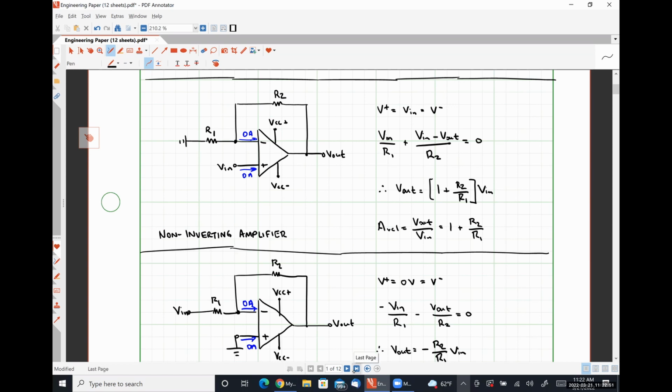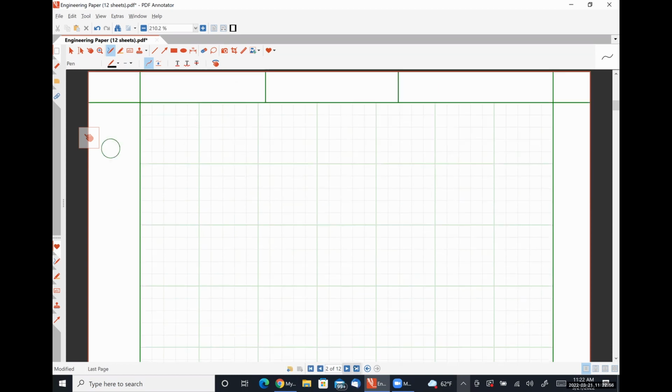here are our kind of generic amplifiers. Now let's talk about some with more specific purposes. Okay. So I've got my generic op amp that is powered.